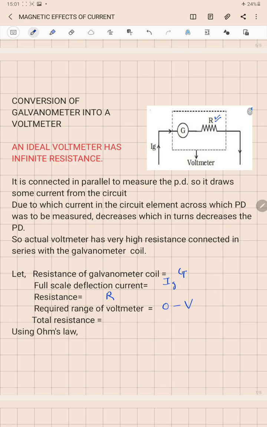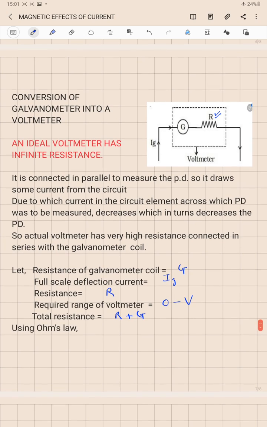In that case, both R and G are in series, and the total resistance is equal to R plus G. Because both are in series, the full scale deflection current Ig passes through both of them. This means the current must not go beyond the value of Ig, otherwise it will damage the coil.